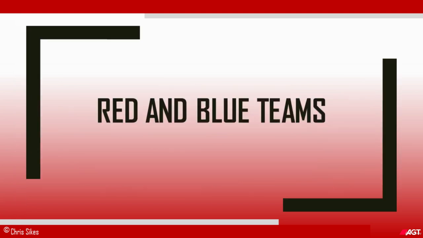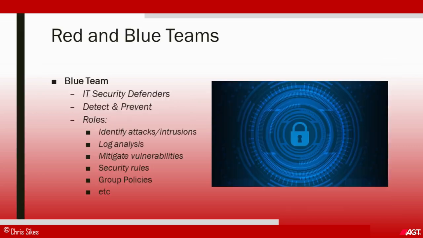To understand red teaming, it is good to know blue teams and the difference between red and blue teams. Blue teams are a group of security professionals that focus on the security of the organization's networks and systems. They are proactive defenders for the company that focus on the detection and prevention of cyber adversarial attacks. They may spend time looking at data logs, such as firewall or IDS or IPS logs.